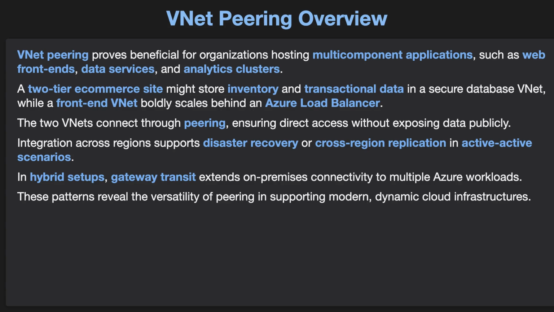Integration across regions supports disaster recovery or cross-region replication in active-active scenarios. In hybrid setups, Gateway Transit extends on-premises connectivity to multiple Azure workloads. These patterns reveal the versatility of peering in supporting modern, dynamic cloud infrastructures.